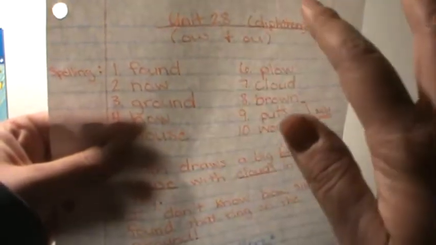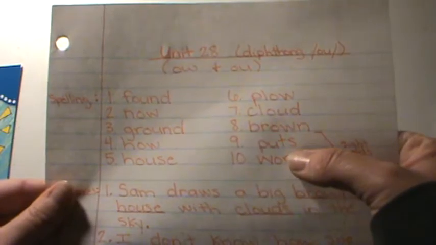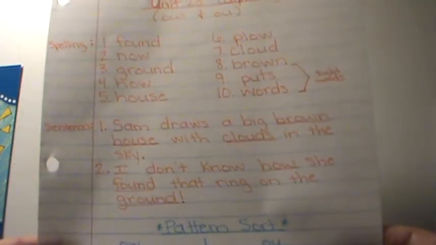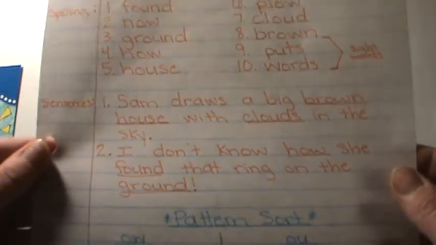They don't fit our pattern, but they are sight words that you're going to see in your book this week, are puts and words. So those are your two sight words you need to focus on this week, being able to read and write. Then we've got two fairly long sentences.